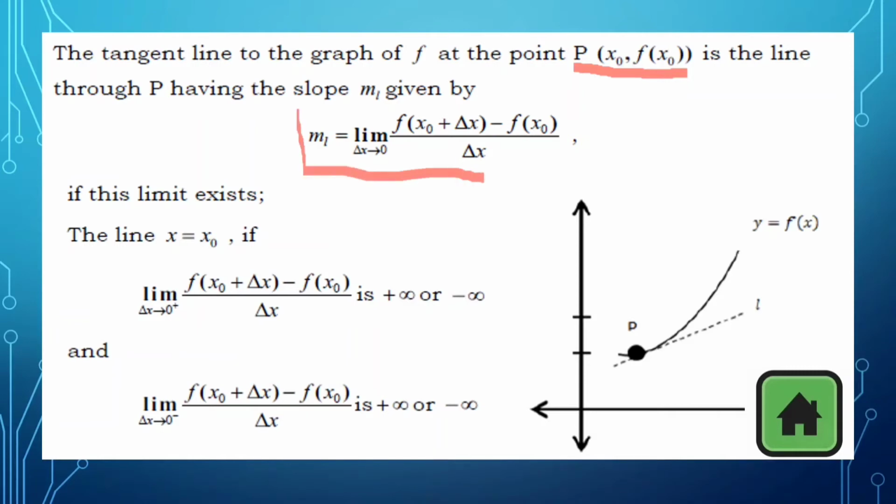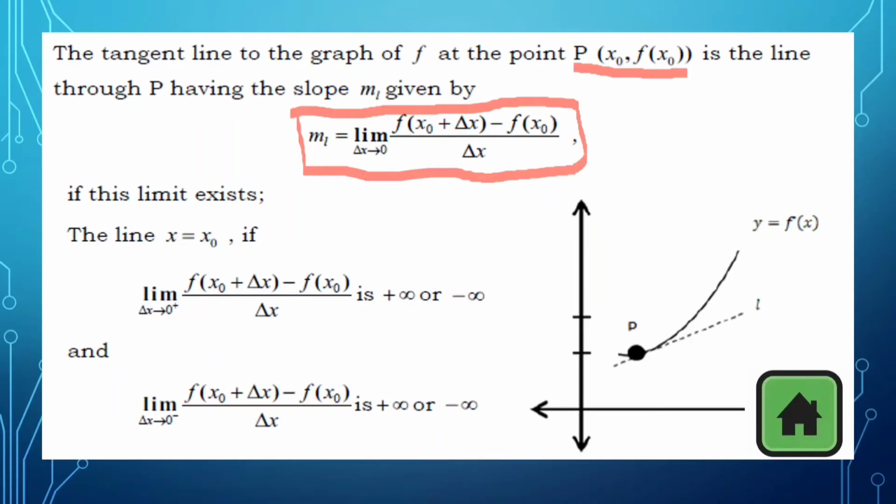If change of x takes positive or negative values, we have the result of either positive infinity or negative infinity. As you can see from the illustration, our function is y is equal to f of x.